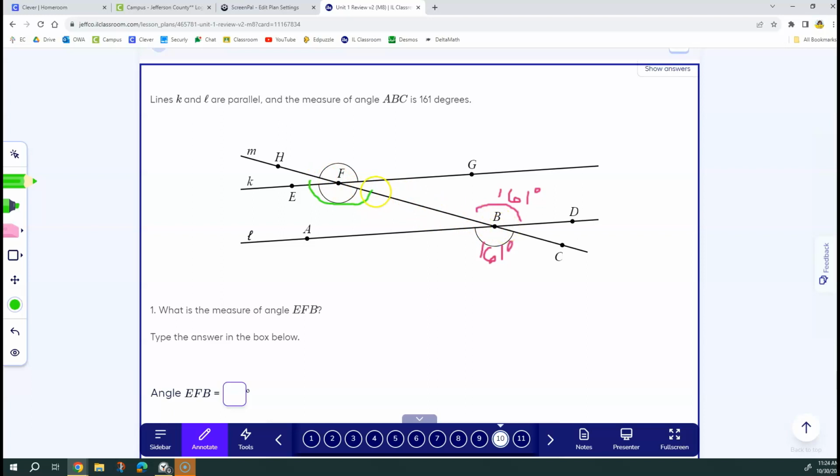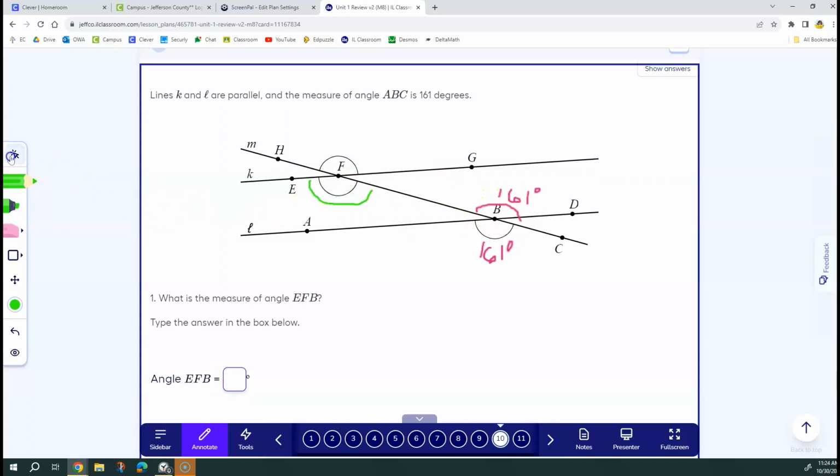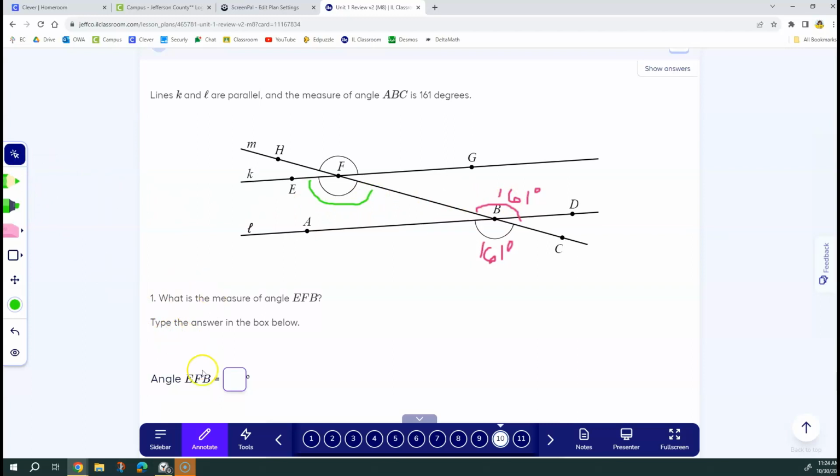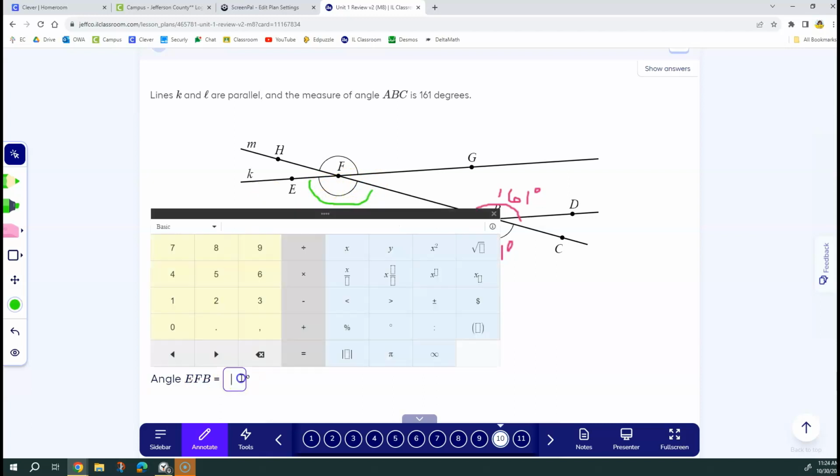So if we are looking at the interior of parallel lines and the angles are on opposite sides of the transversal, one below and one above, those angle measurements are also congruent. So E to F to B is also 161 degrees.